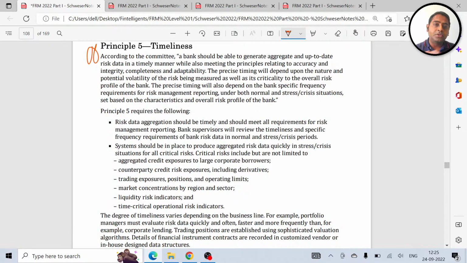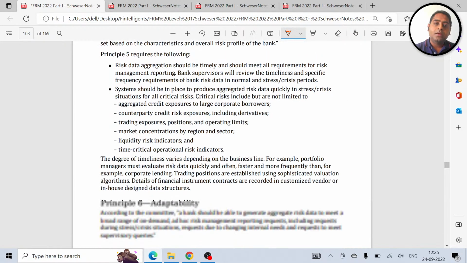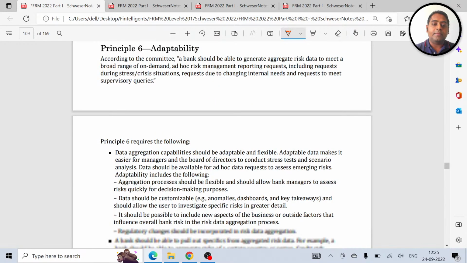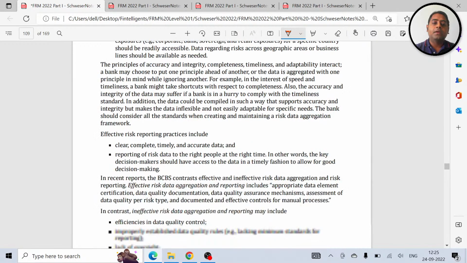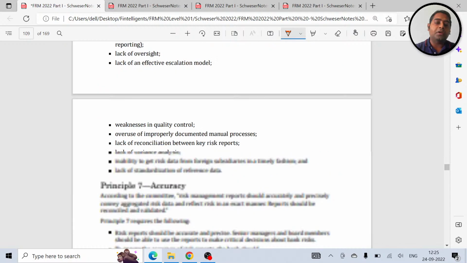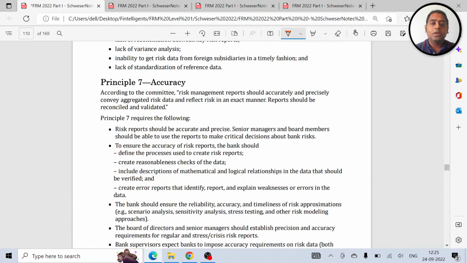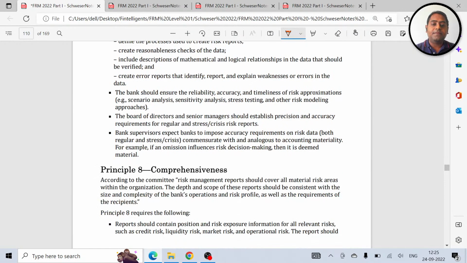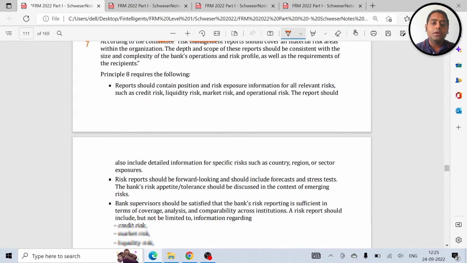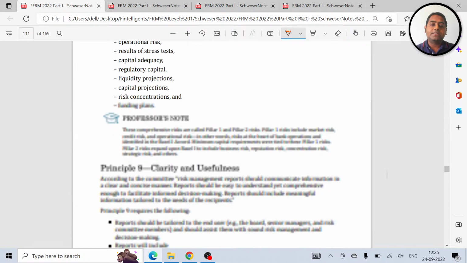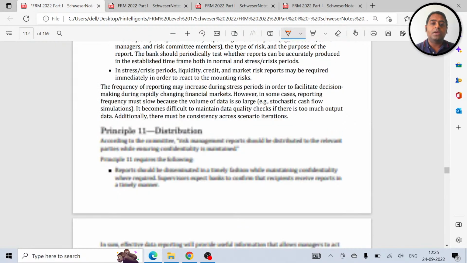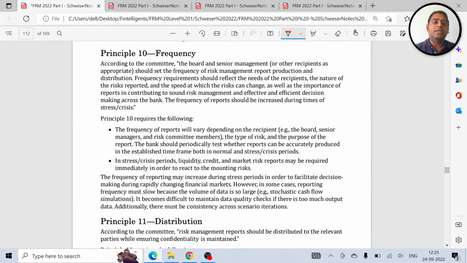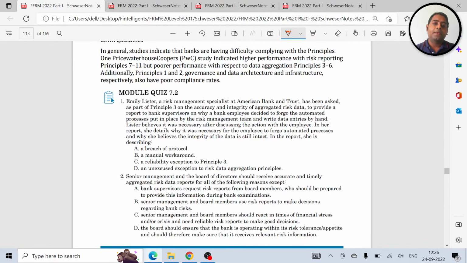Not 100% sure on the content which can get tested, or the way it can get tested, but I'm just highlighting what I feel could be important for the exam. From the reporting perspective, comprehensiveness can be important, so please make sure that you read it. Next, clarity and usefulness is okay. Frequency can be tested, so please make sure you're good with frequency also.